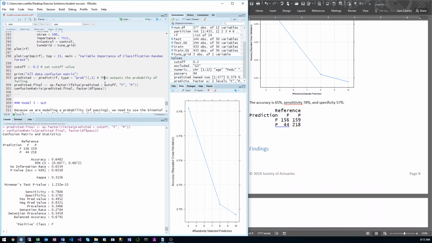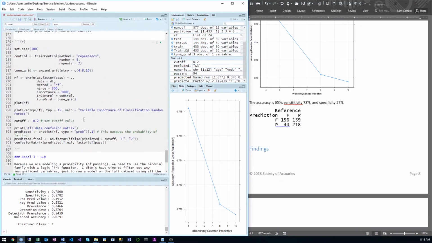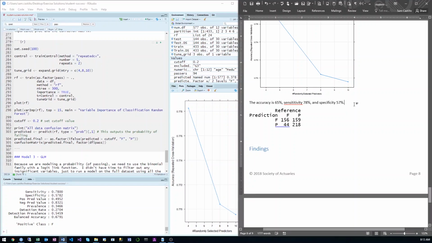That is relatively surprising. Oh well, I wonder if I've set this too high. So I'm going to rerun this. This was testing mtry in 4, 8, and 10 using 500 trees.